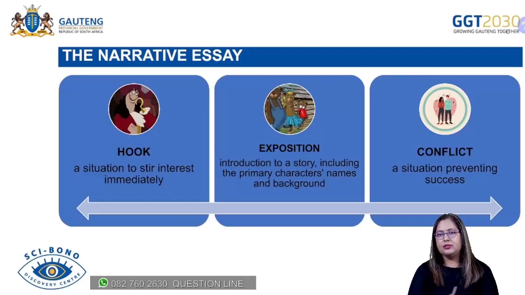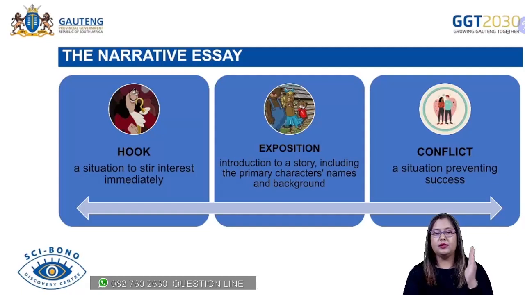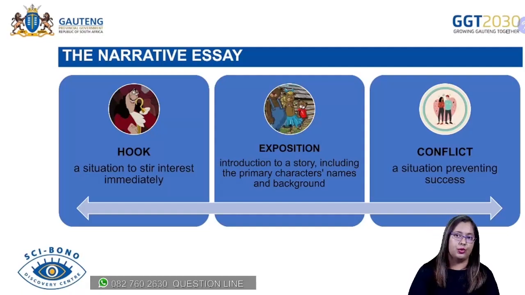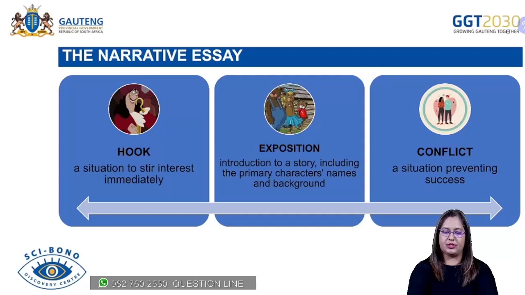Okay, so let's look at this in diagram form. Now, if we're looking at the aspects that are important, the first one is the hook, a technique that you can use. So this is to outline a situation, all right, that will quickly stir our imagination.